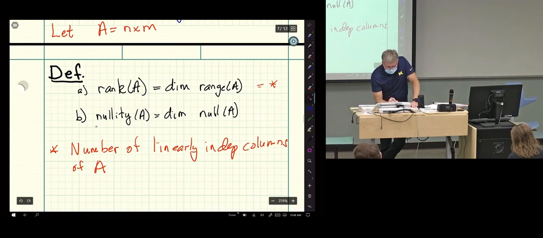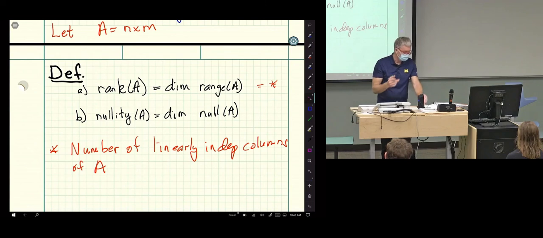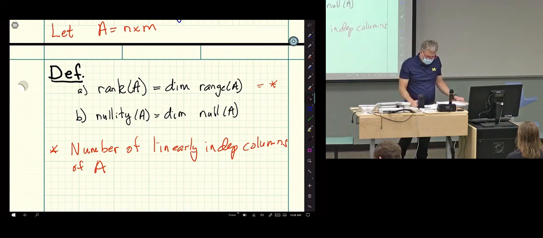And the nullity of A is just the number of linearly independent vectors that A wipes out when you apply it to them. So we're just counting the dimension of that. It's almost physical.